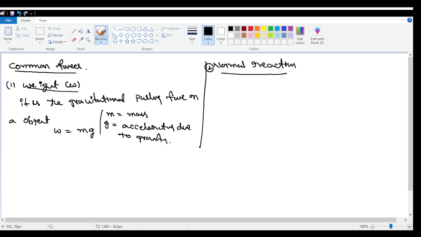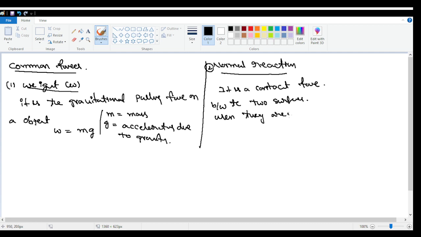Normal reaction is the contact force between the two surfaces when they are in contact.